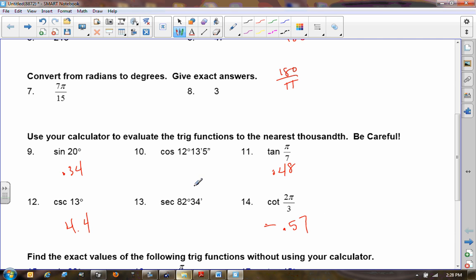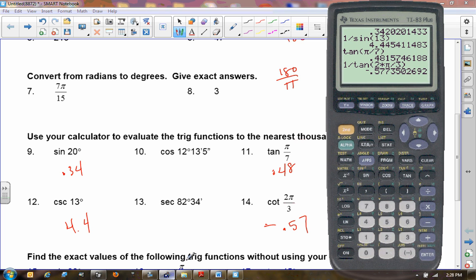These other two, you've got to do some converting, so let's convert those quickly. So we had 5 over 60. This is for number 10. 13.083 over 60.